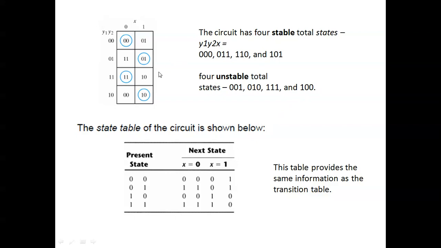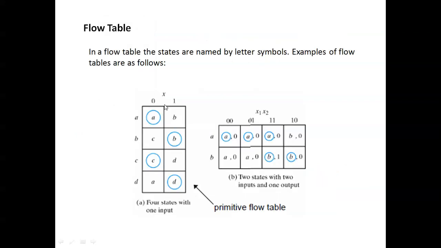So this is the transition table and the flow table. The same table is there, but for 0 0 they put the letter A, B, C, D like that. Similarly here also, A for 0 0, B for 0 1, C for 1 1, and D for 1 0. They just change the values to alphabetic letters, and that is called the flow table.